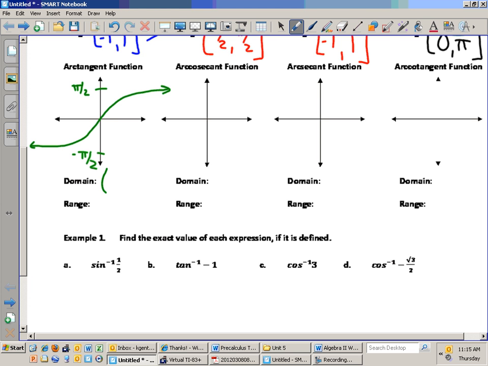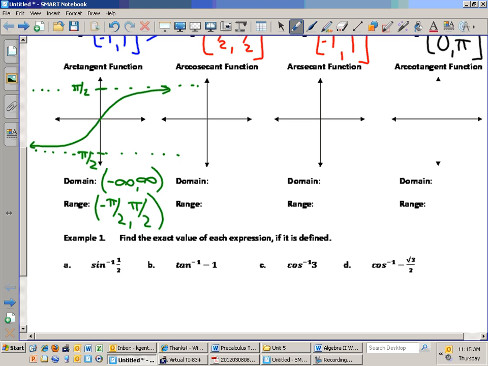Domain is all real numbers again. The range can't be equal to -pi/2 or pi/2, but it approaches it. The graph technically approaches these horizontal asymptotes.